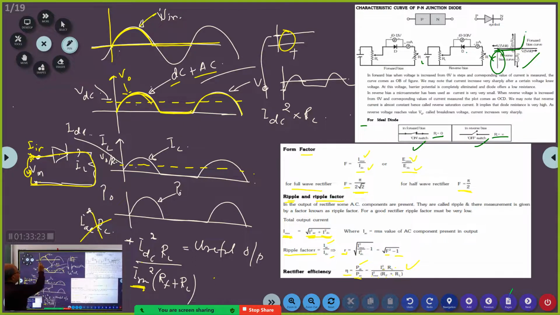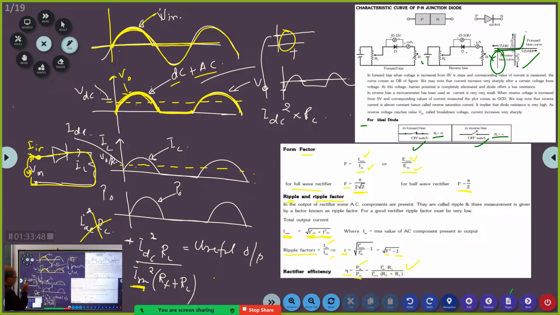See, now, this is the input waveform, agreed? Yes, sir. This is the output waveform, agreed? Yes. This input waveform is same as this output waveform, agreed? This part of the input waveform is same as this part of the output waveform, agreed? Yes, sir.